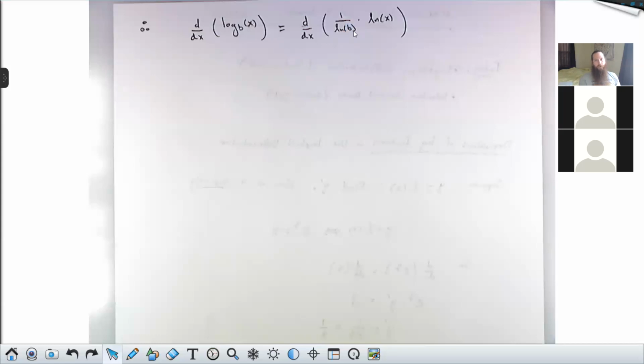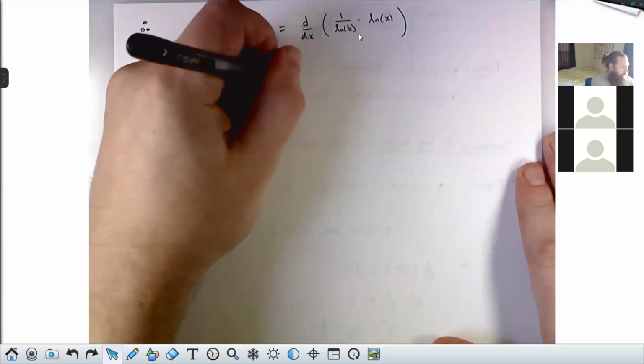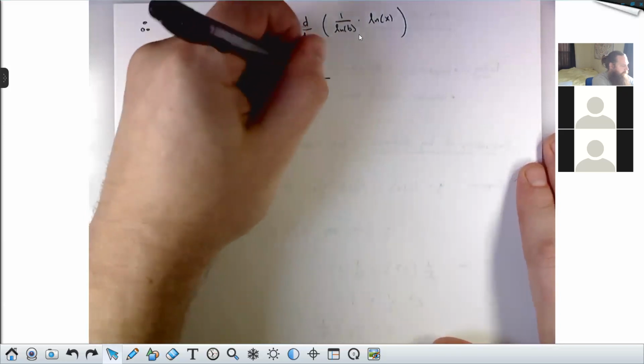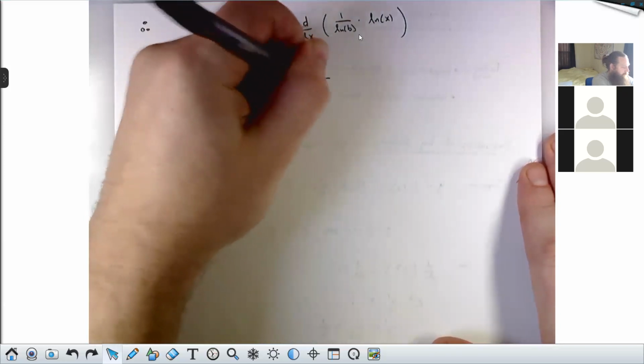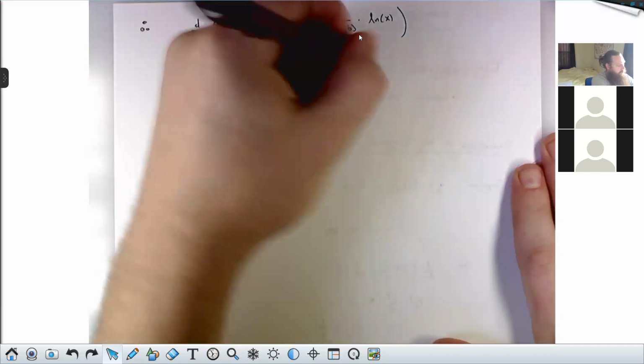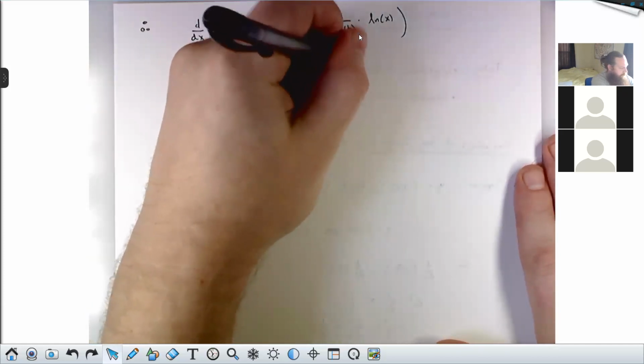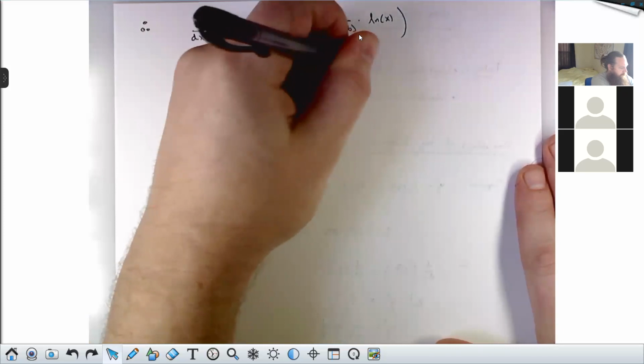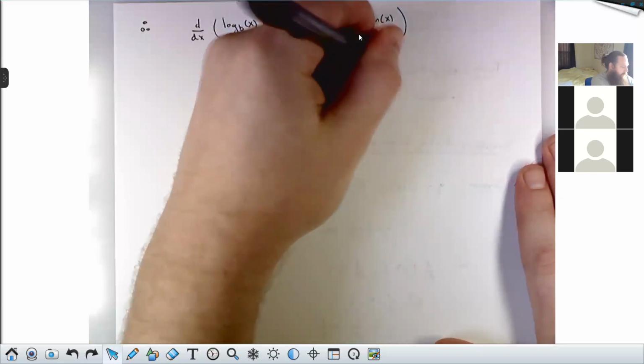But remember what we said a minute ago, if b is a constant, then the natural log of b is also a constant. So this whole thing right here, 1 over the natural log of b, is a constant multiple. So the only rule we really need here is the constant multiple rule, which says constant multiples pop out of derivatives. So this would be 1 over ln of b times d dx of ln x.